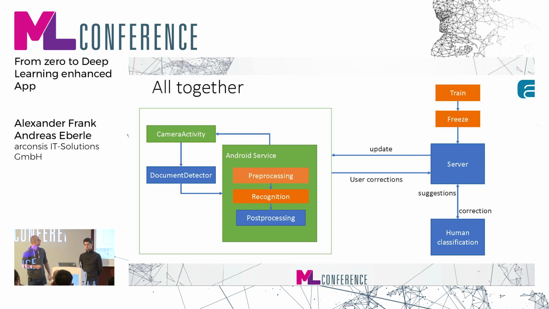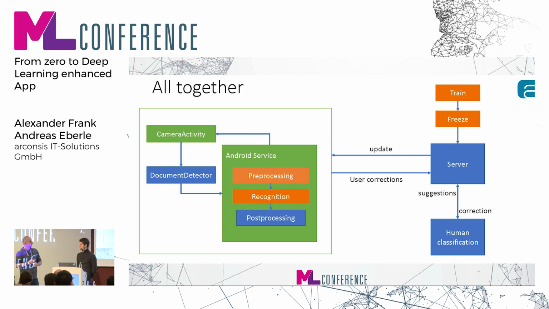That data can then be pushed down to our human classifiers, to the program where the pupils and students were getting suggestions from the server, from the neural network processing pipeline, and doing corrections on that, pushing them back to the server so we can train a new model with that.